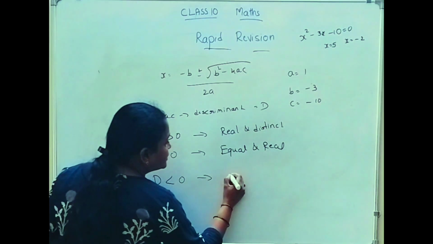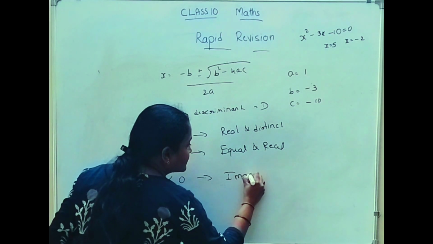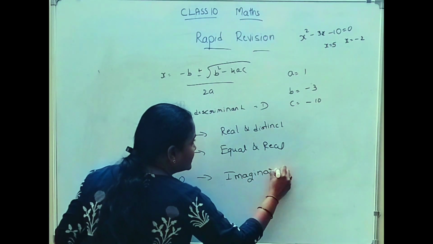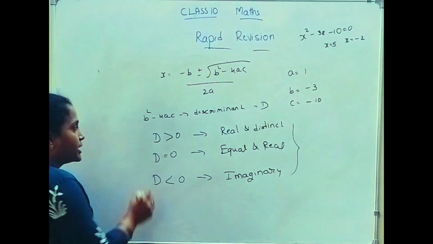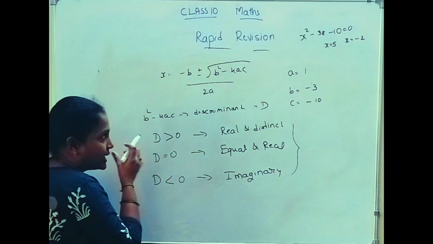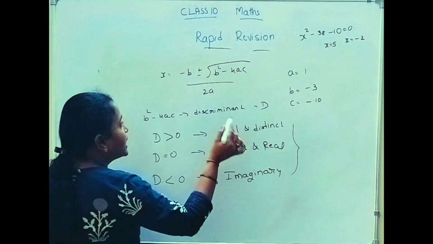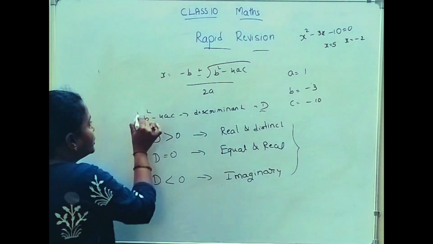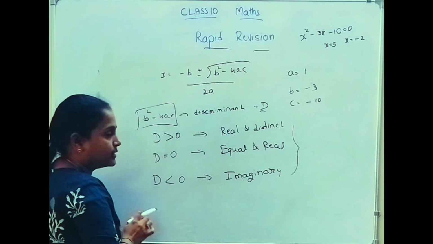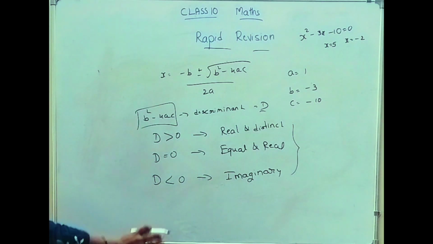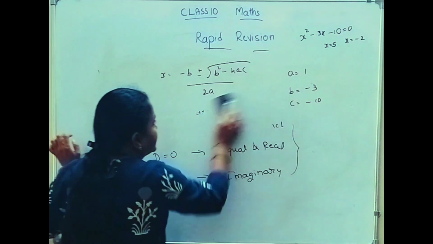If the discriminant is less than 0, then the roots are imaginary. This is very important. You may get MCQs depending on the discriminant, or they may ask you to find the discriminant. If they ask you to find the discriminant, we have to use b square minus 4ac. So keep this concept in mind, and let's move on to solving this.